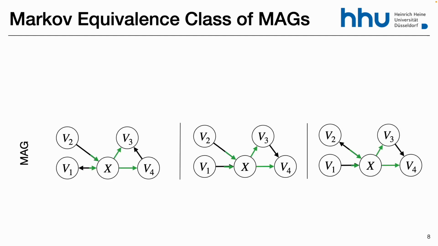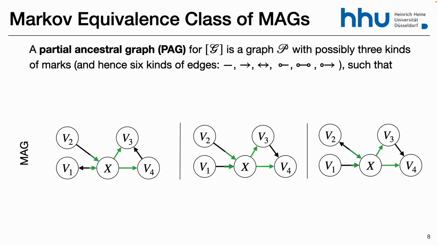So basically, that is the definition of an object that's going to capture all these invariances across the MAGs, which will be these colliders with order and adjacencies. So a partial ancestral graph is a new object. We have this notation here in brackets.